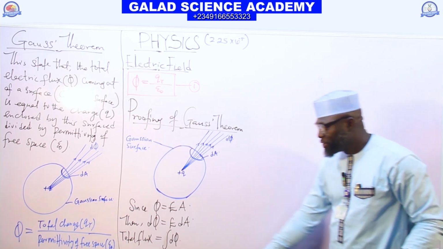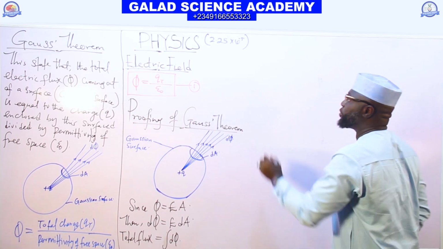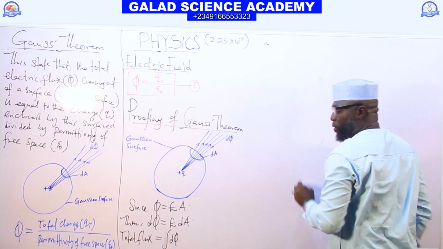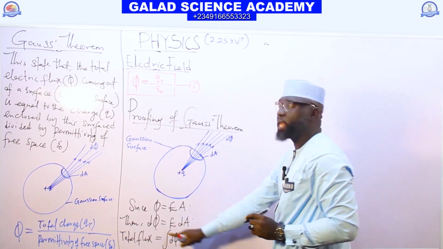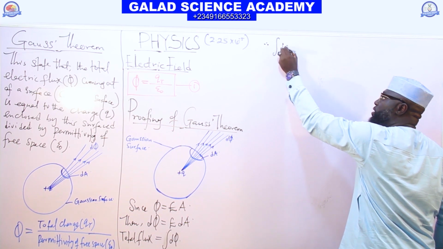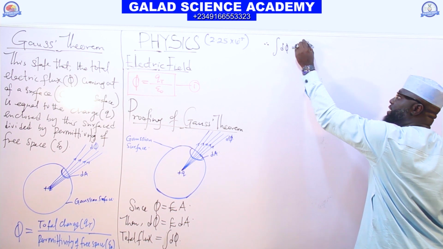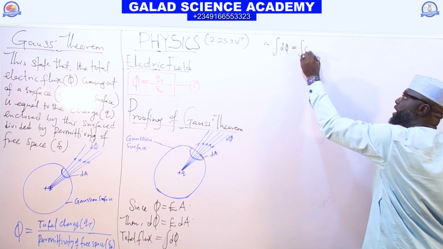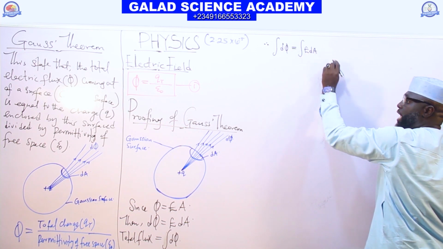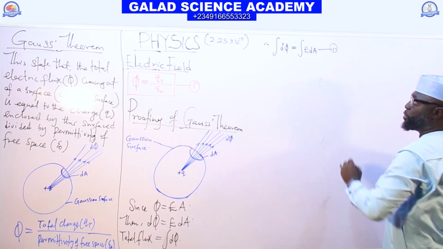If the total flux is equal to the integral of the flux, therefore this expression can be written as the integral of the flux is equal to the integral of E dA. So we can call this Equation 1 of the proving.